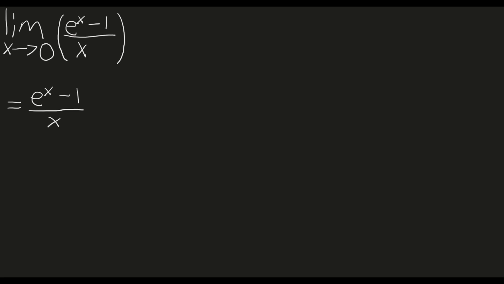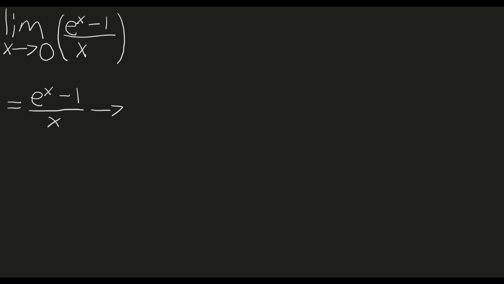Just looking at this function, we can't plug in 0 right away, as e to the 0 equals 1, and 1 minus 1 is 0, and we're evaluating the limit as x approaches 0, so that wouldn't work. So what we can do here is apply L'Hopital's rule. It's where we keep taking the derivative of the function until we no longer have an indeterminate form.